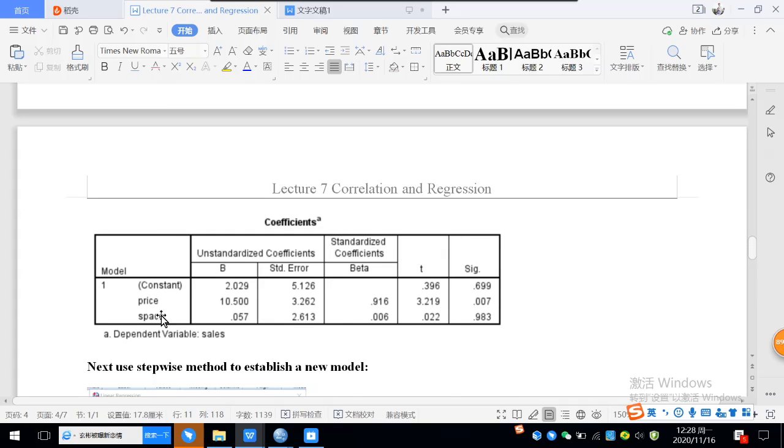Through here, and the standardized coefficient, you can establish a regression model. The dependent variable is sales, so sales equals 2.029 add 9.5 multiply price add 0.057 multiply space.